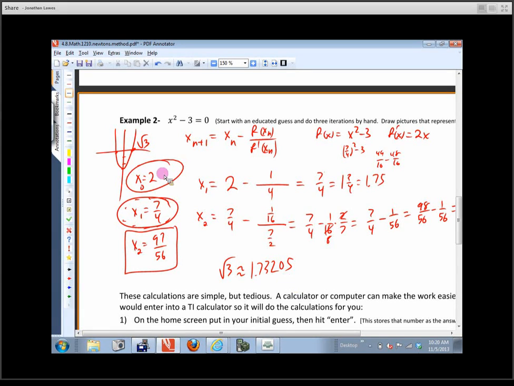I mean, we did a decent guess. That was within about a quarter. Okay, about 0.27. Okay, this is 1.75. That's within 200ths. Okay, type 97/56 into your calculator. 1.73214. Okay, that is within, what are we? Within a 10,000th? Yeah.